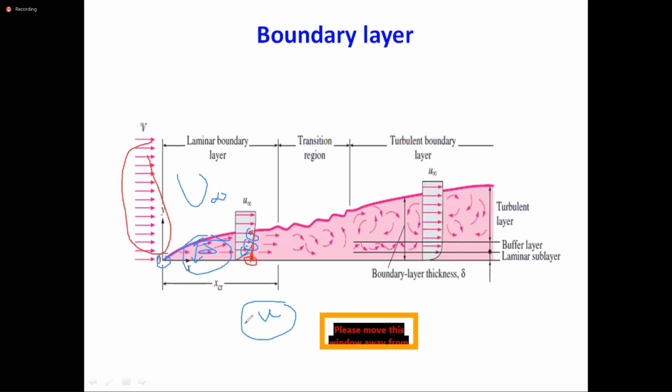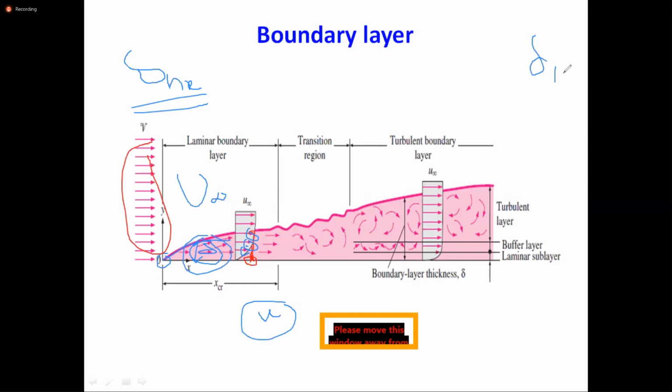So we have to define here the boundary layer thickness delta, because this is very essential. The boundary layer we are talking about is called the hydrodynamic boundary layer thickness, that is, we are talking in terms of velocity. If you talk in terms of temperature, then that is called the thermal boundary layer thickness.